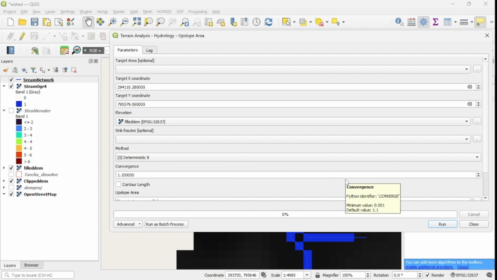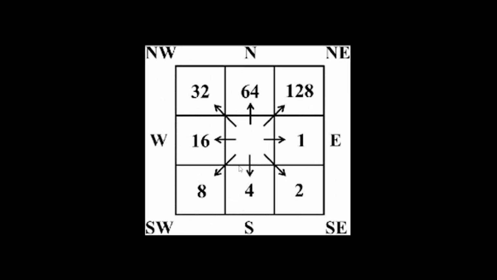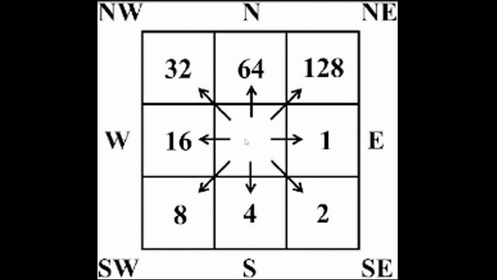This is also based on some principles. Here is this principle. That means 8 neighboring pixels are used to calculate the flow direction by using slope.